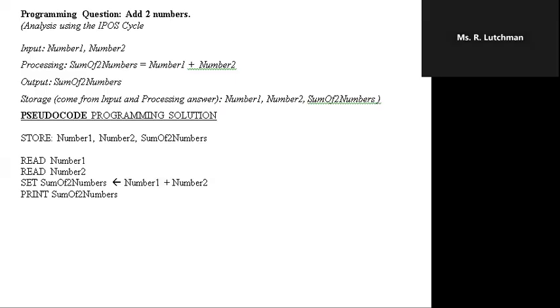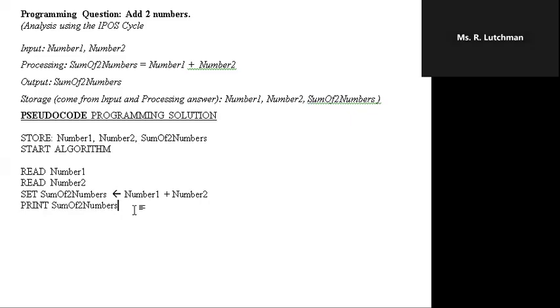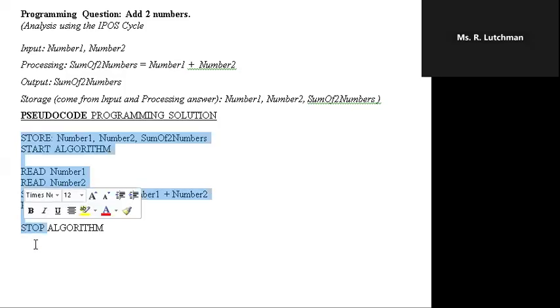And we have another command here called start algorithm. And if you have a start algorithm, at the end of everything, you should have a stop algorithm. So very similar to the flowchart, except in words. Now here's the thing. Anything between start and stop, you need to indent. So it cannot all start at the same line.